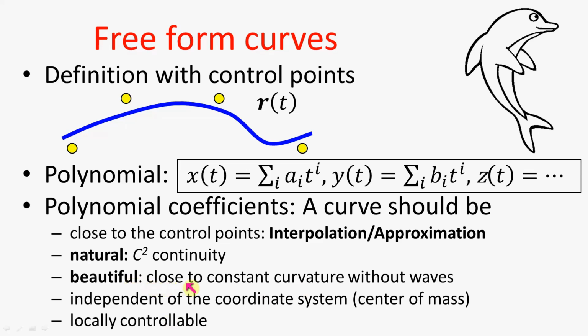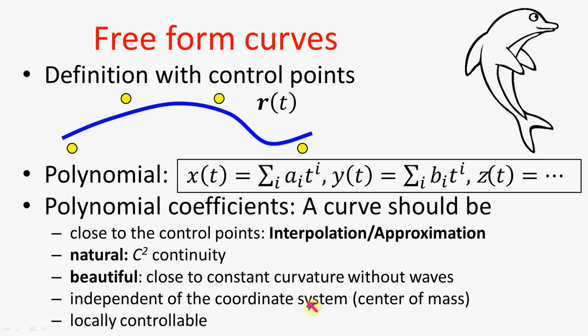Our second wish is that the resulting curve should look nice, beautiful. So what is beautiful from a mathematical point of view? According to our experience, we prefer curvy, spherical-like shapes. Translating this subjective wish, we can say that a curve is beautiful if it distributes the curvature uniformly.